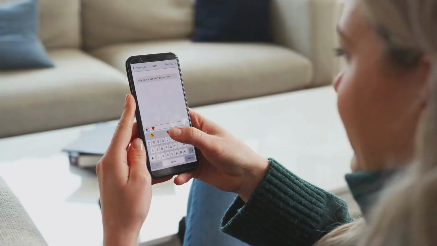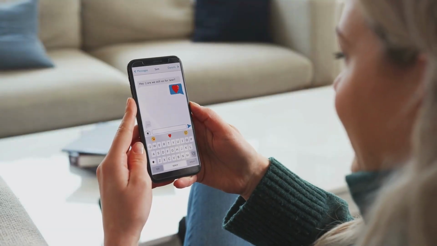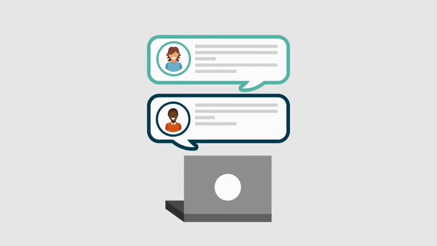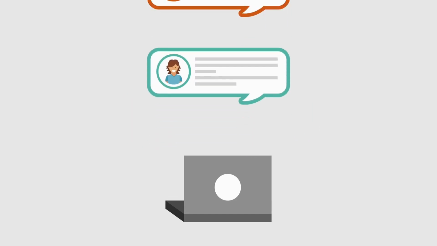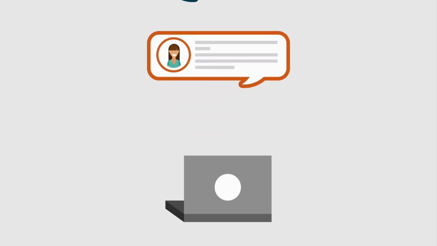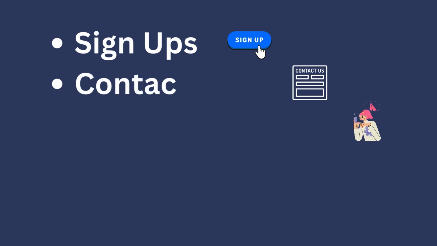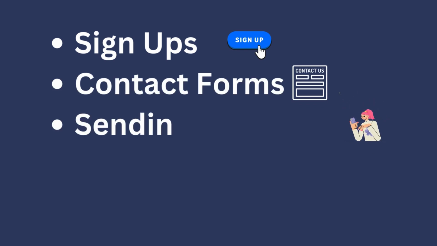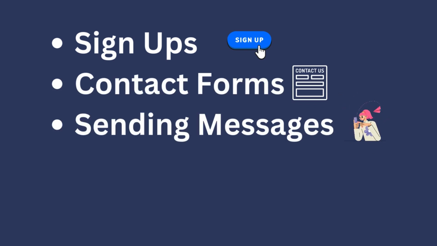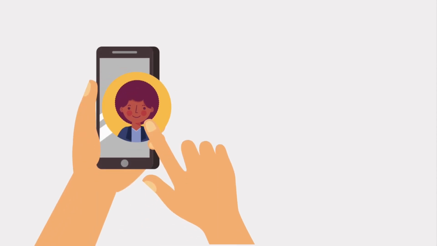We'll explain why phone number validation matters for businesses and explore common scenarios where a phone number validator is useful, such as sign-ups, contact forms, sending messages. Furthermore, we'll introduce NumVerify, a robust tool for validating phone numbers.